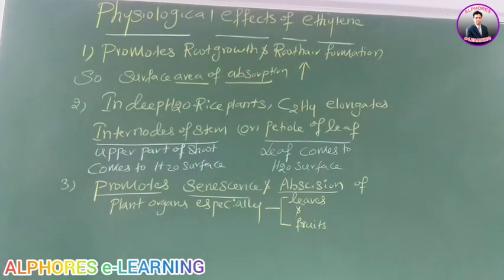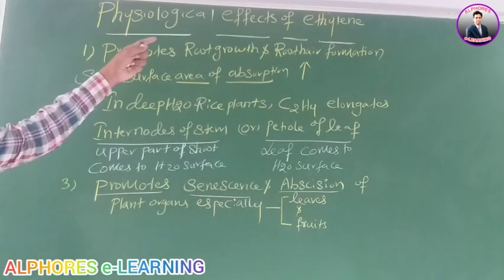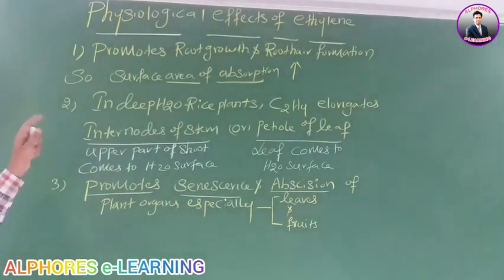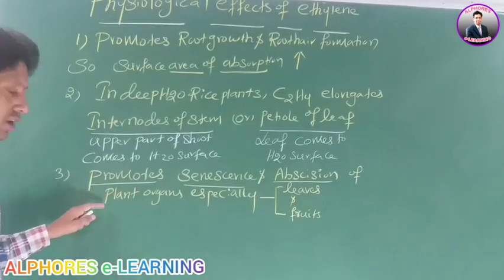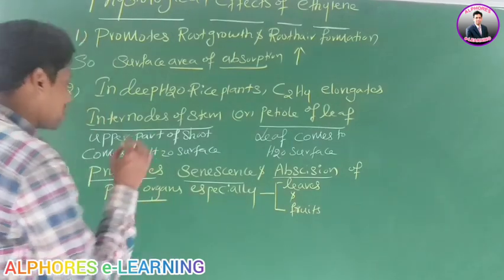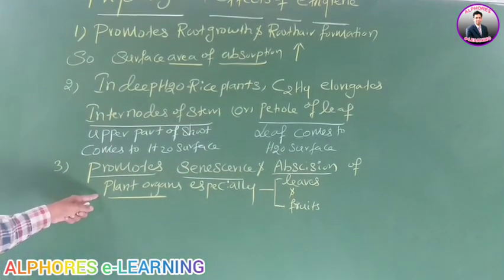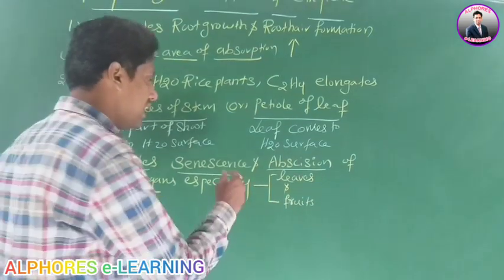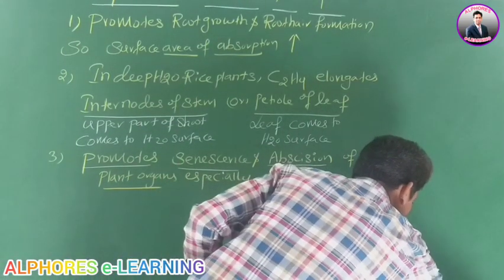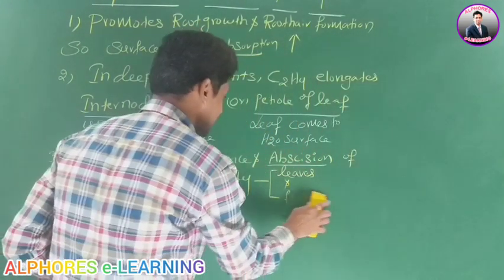Now listen here. Sir, we are discussing physiological effects of ethylene, right? Sir, this ethylene promotes senescence and abscission of what, sir? Plant organs, especially leaves and flowers. Sorry, this is flowers, right?